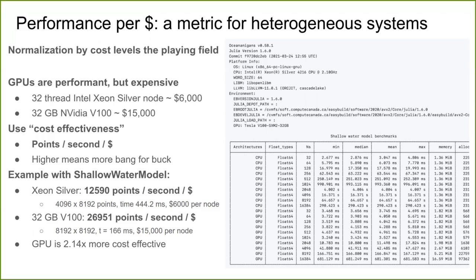For different calculations we've looked at, for the CPU case it's on the order of over 12,000 points per second per dollar, whereas for the GPU it's more like 26,000 points per second per dollar. The ratio of these two is 2.14, which means that by this metric, the GPU is more than twice as cost effective. I'm sure there are other interesting ways to quantify this, and if you have ideas, please let us know.